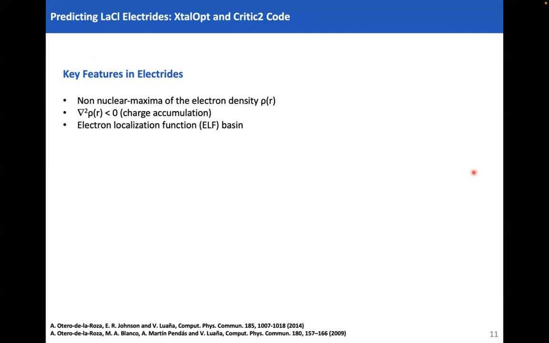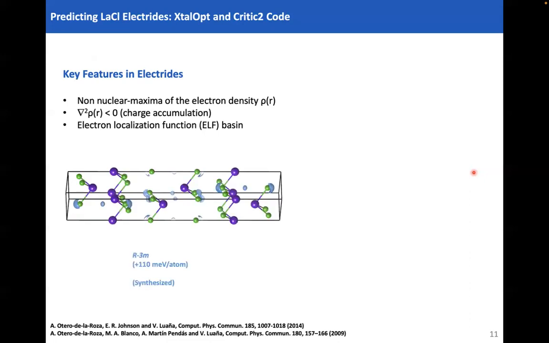Topologically, it can be checked by looking at the electron localization function to identify whether there are some free charges in the region of interest or not. There is already one metastable phase of this material, which is synthesized and known. Here you see the electron localization function value as these points in the structure.